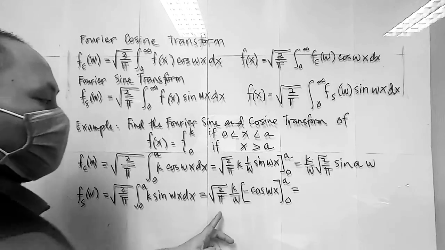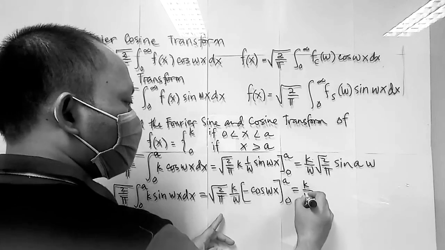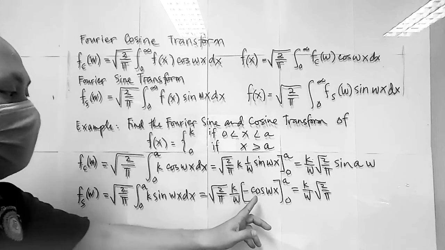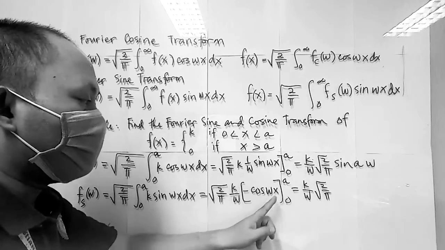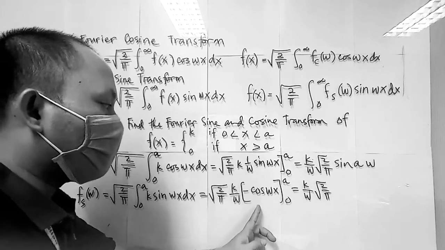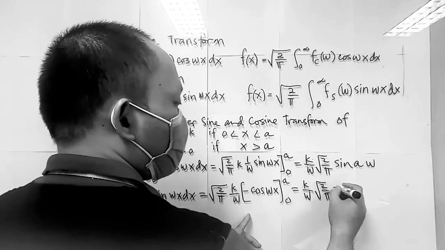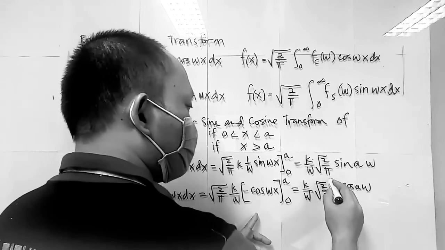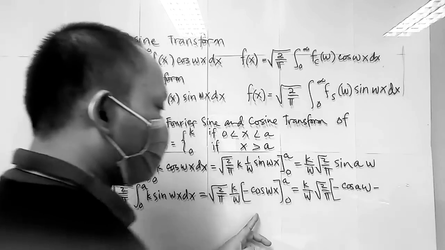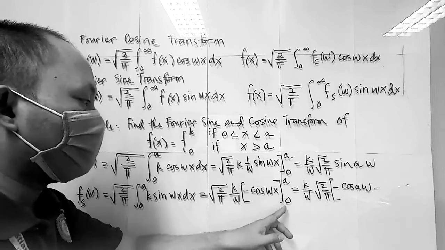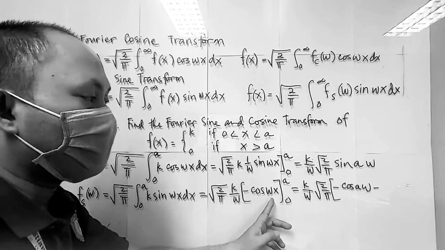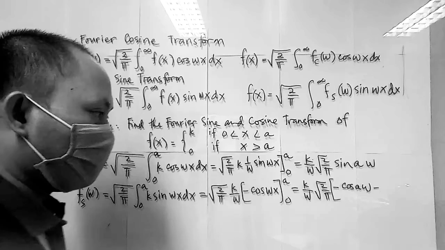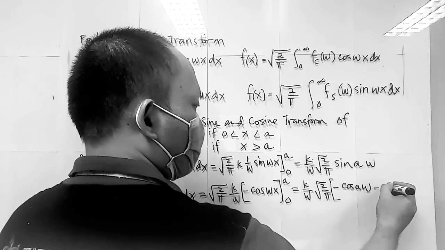So we have k over w, square root of 2 over pi, and then substituting the value of x as a, so that is negative cosine of aw, that is the upper limit, minus the lower limit, substituting the value of x as 0, so cosine of 0 equals 1, so that is negative 1.